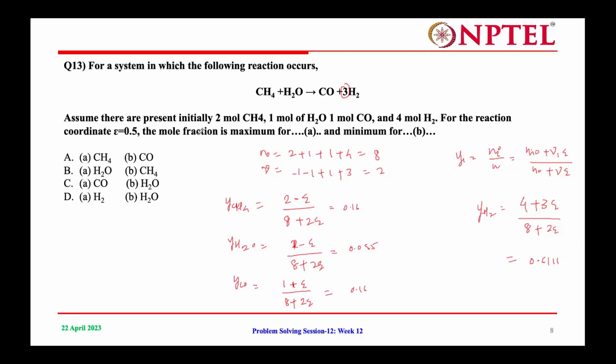So the mole fraction is maximum for H2 and minimum for water. So option D is the match. All of you got clear?